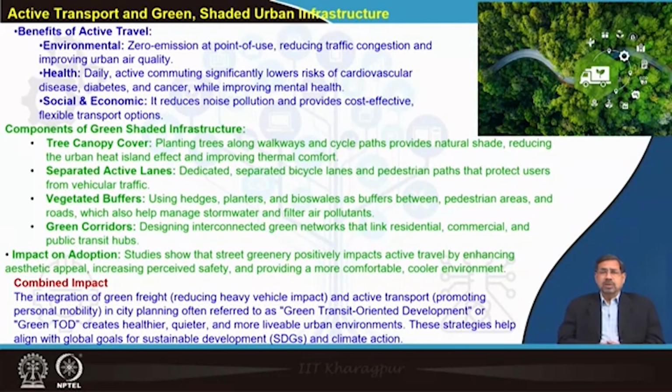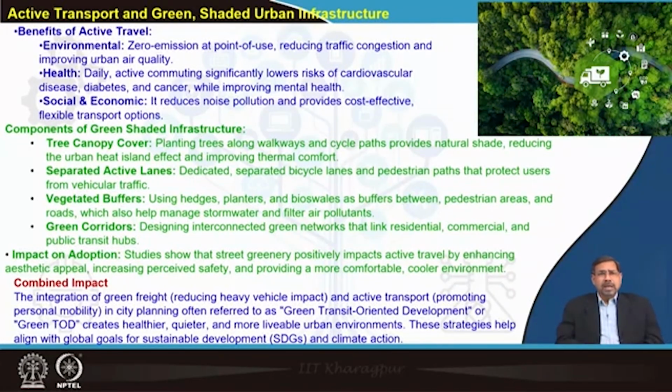Vegetation buffer. If we can use various hedges or bushes, planters and bio swales as buffers between the pedestrian areas and the roads, this also helps manage the stormwater and filter the air pollutants. So, this attends to the problem of stormwater management and also the air pollutants as far as the cities are concerned.